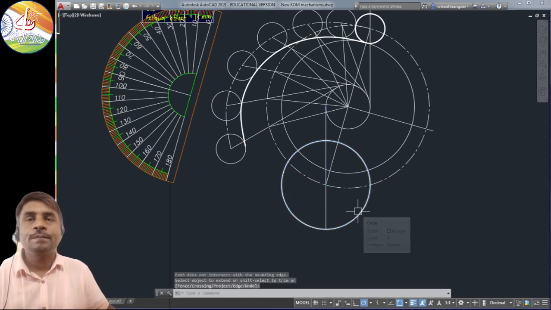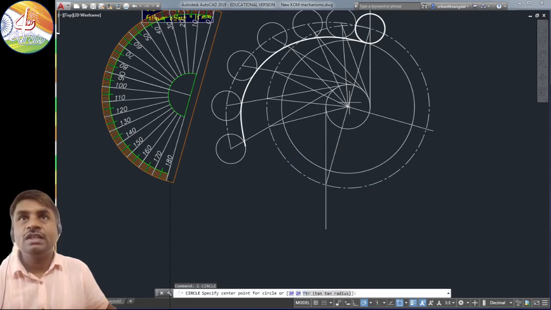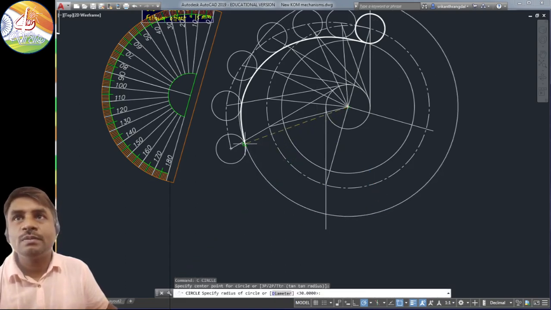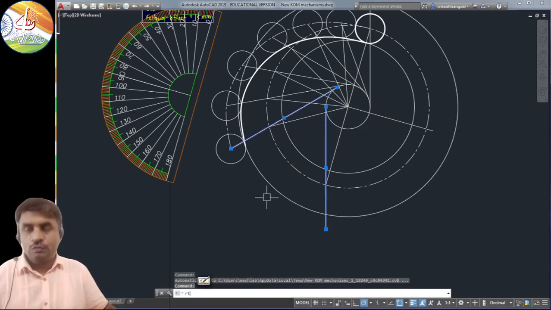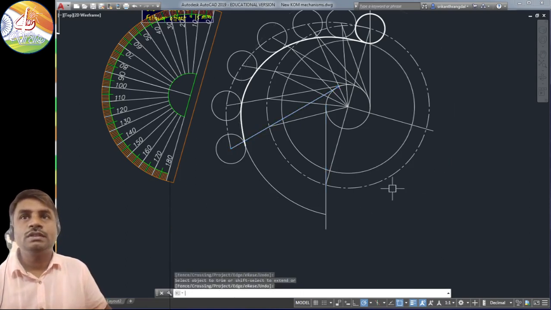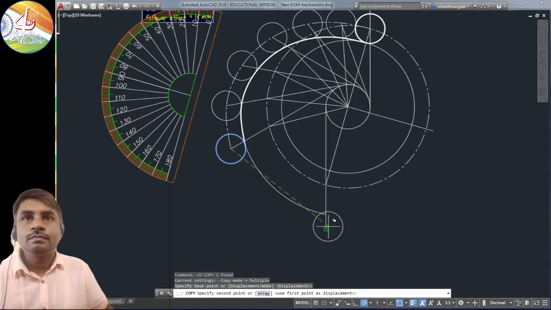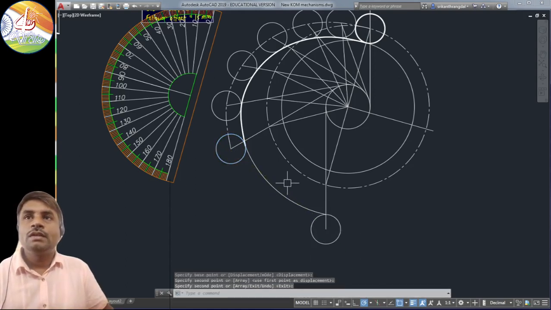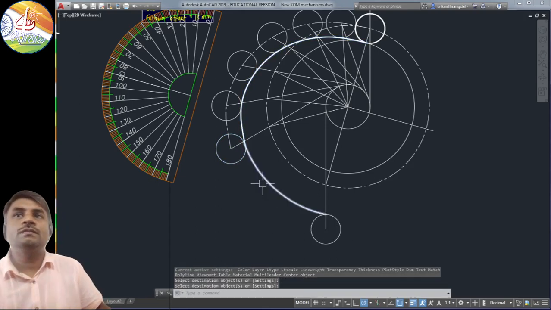So between these two points, it has to remain at the same place. Between these two, it has to remain at the same place. So the cam profile after this is going to look somewhat like this.